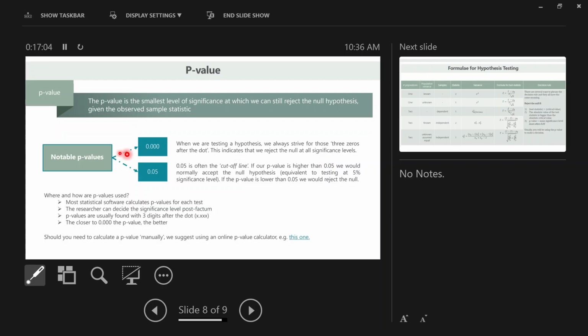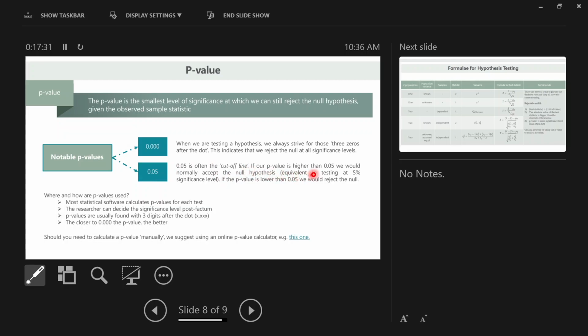If you test and you get 0.00, the 3 zeros, it means that your alternative hypothesis is true. It works, whatever innovation you are trying to come up with works. Then we have 0.05, which is often the cutoff line.